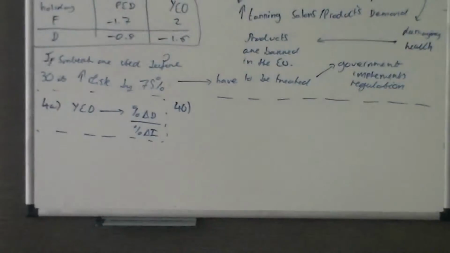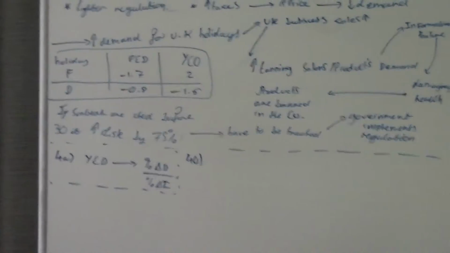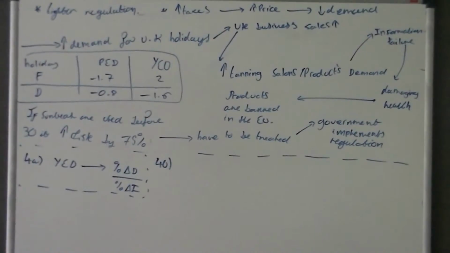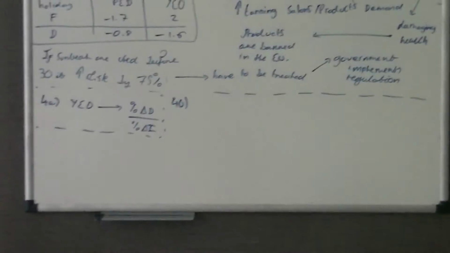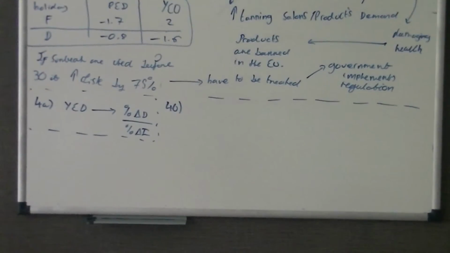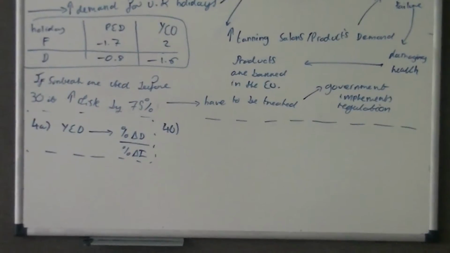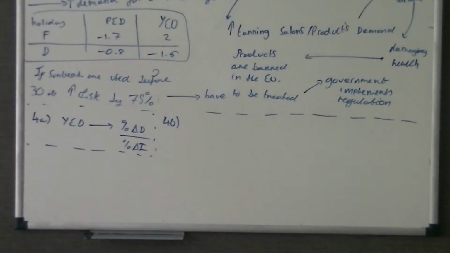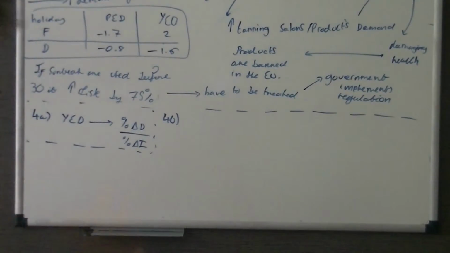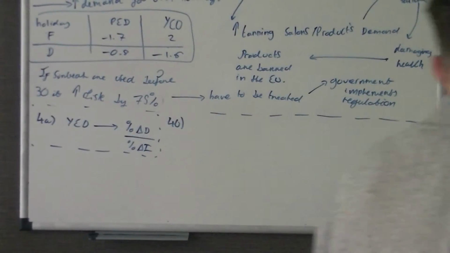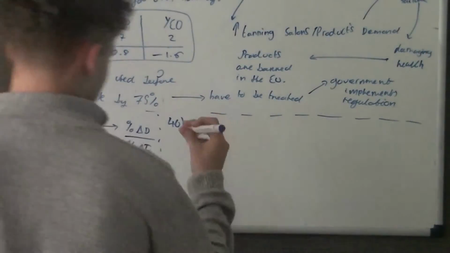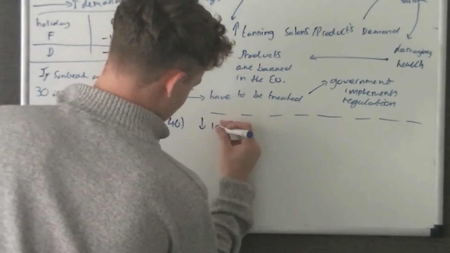Using that information, the question is essentially asking us to comment on the likely impact of these figures, but what it really asks is the likely impact of the fall in income. So what do we know? We know there's going to be a 10% fall in income.